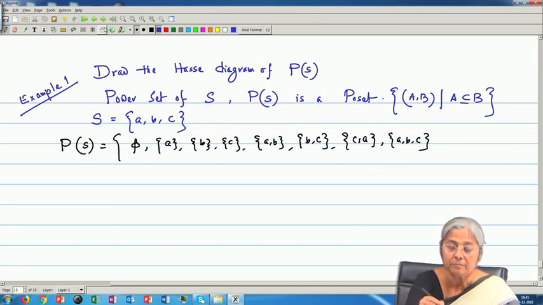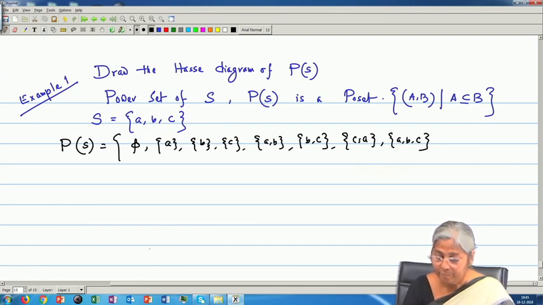Directly, if I draw, we can always give some upward direction.